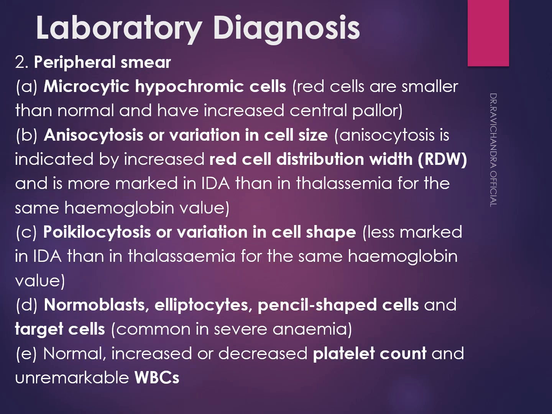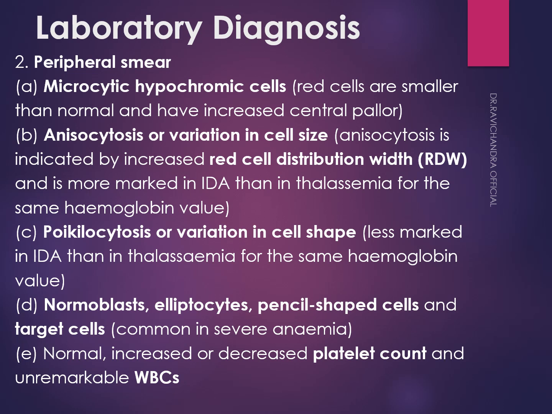In the peripheral smear, you can appreciate microcytic hypochromic red blood cells. There will be anisocytosis, and this anisocytosis is indicated by increased red cell distribution width, which is more marked in iron deficiency anemia when compared to thalassemia for the same hemoglobin values.